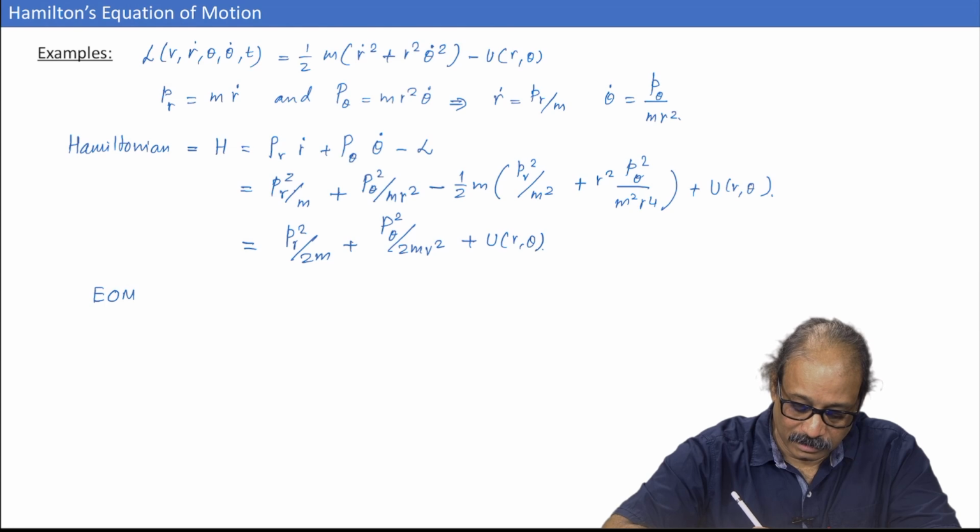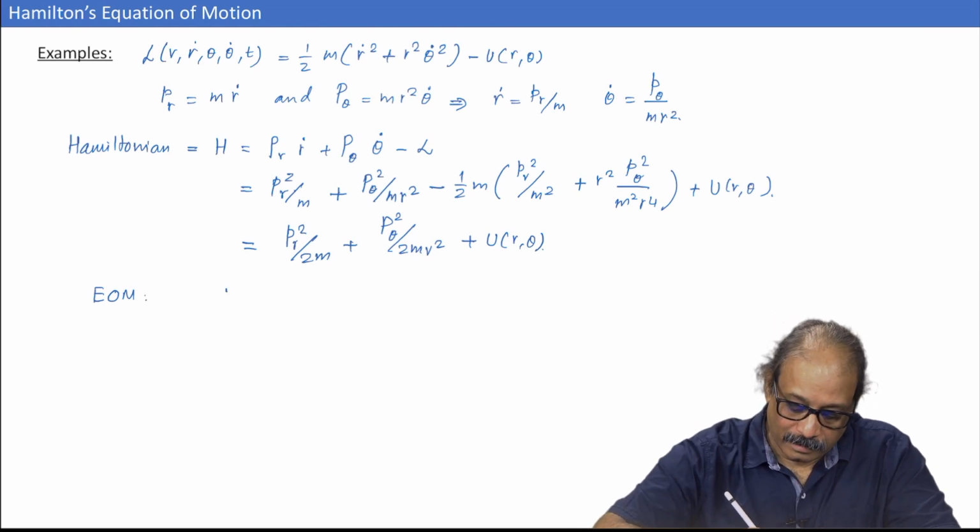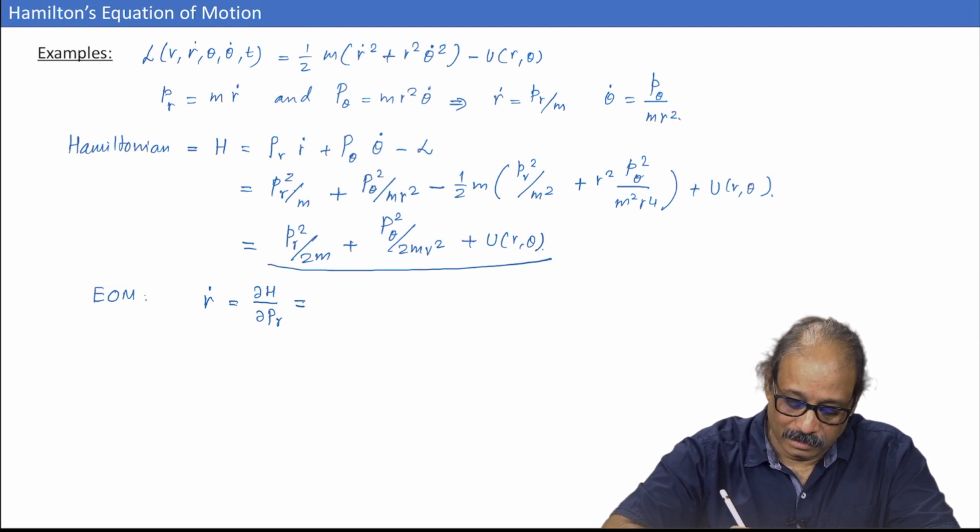Equations of motion, remember there will be 4 of them. So, here r dot will be equal to the partial derivative of H with respect to p_r, and now we have the Hamiltonian here. The partial derivative of this is nothing but p_r by m.